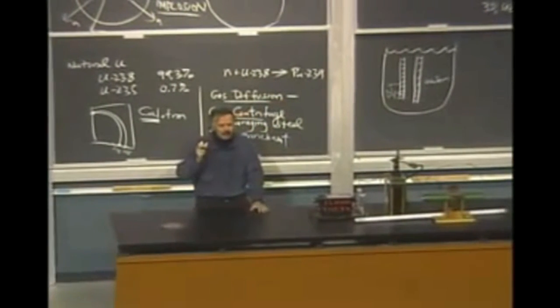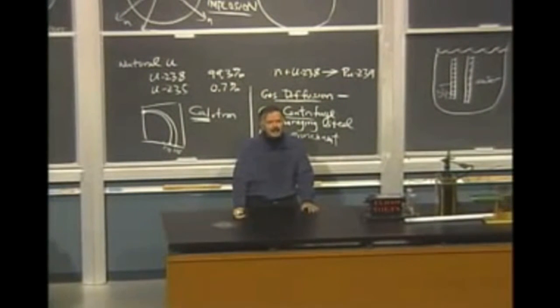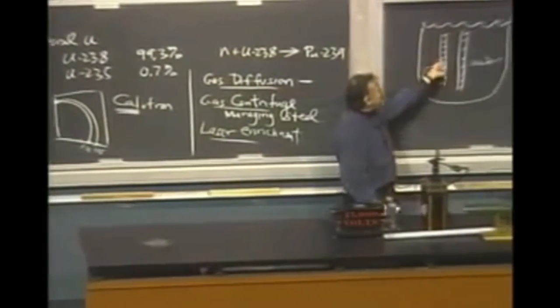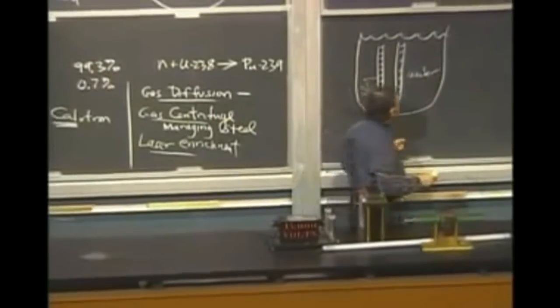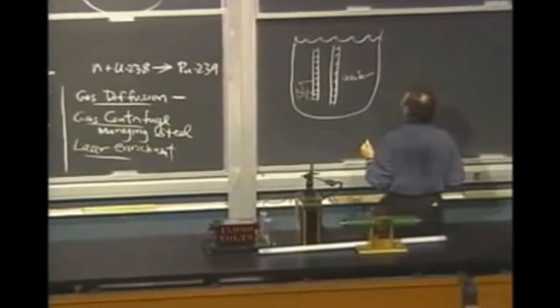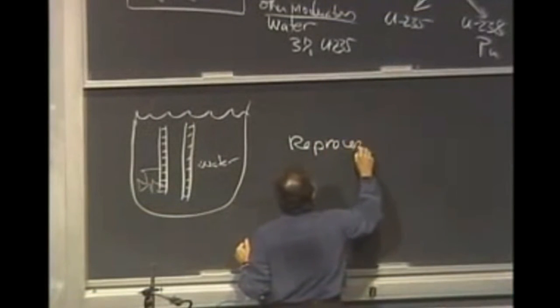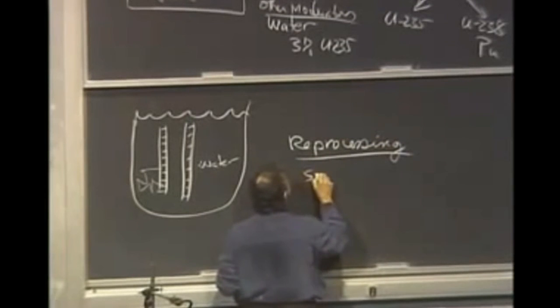In a nuclear chain reaction in a reactor, you're not doubling anymore. You want to keep it going at a constant rate. You make this plutonium, and then every once in a while you pull these things out, and you separate out the plutonium. Okay? So that's called reprocessing. You've got to know this word. You'll see this in the news all the time. That separates the plutonium.